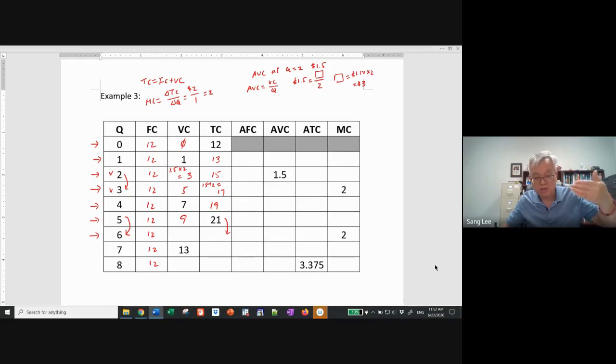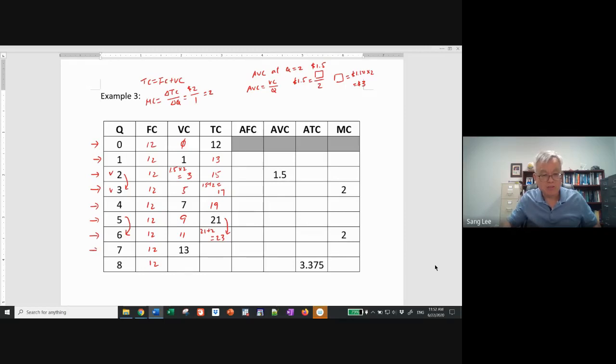So total cost increases by $2. So 21 plus 2 is what? 23. Now you know fixed cost and total cost, so the difference is the variable cost. Variable cost is 11.